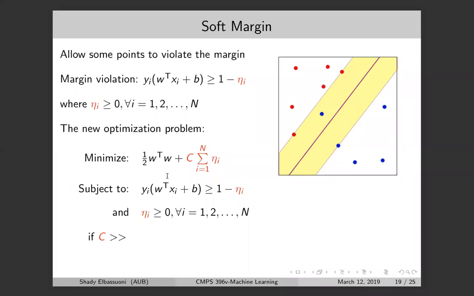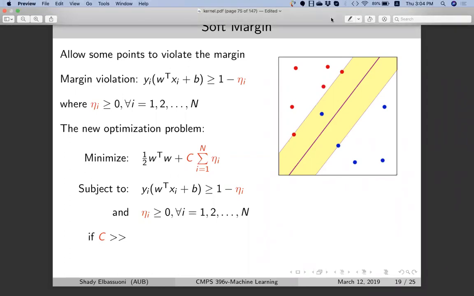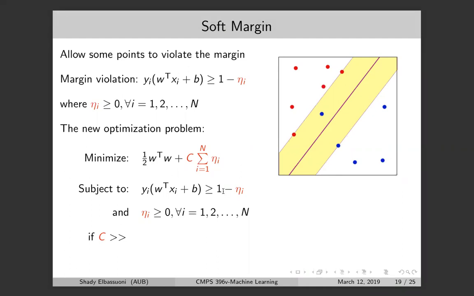Is it half w transpose w, the margin, so I'm trying to maximize the margin, or am I trying to minimize the violations? We're trying to minimize the violations. So what does this mean? It means that I would not allow any violations, because C is very large. It's a hard margin SVM. Hard margin SVM means assuming the data is linearly separable.